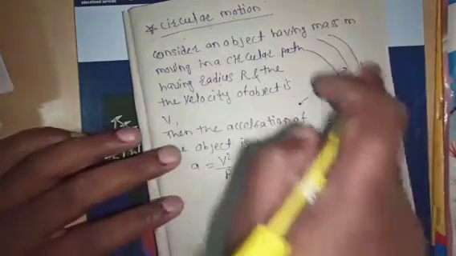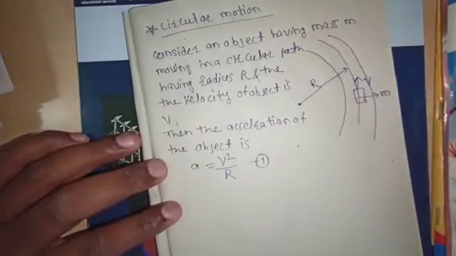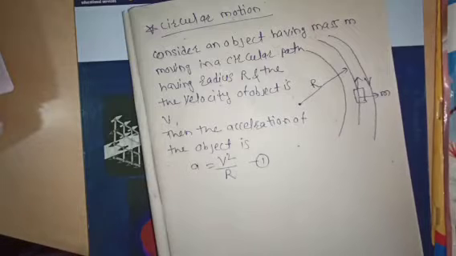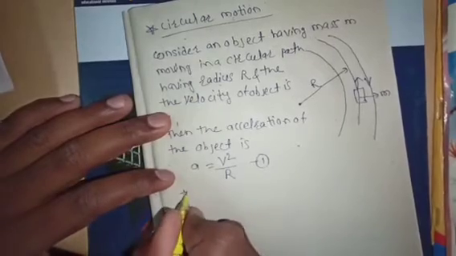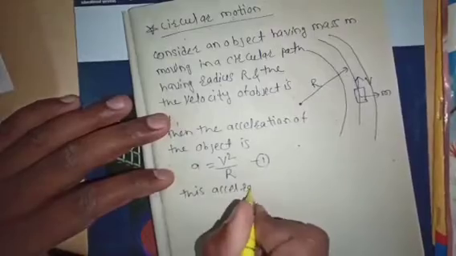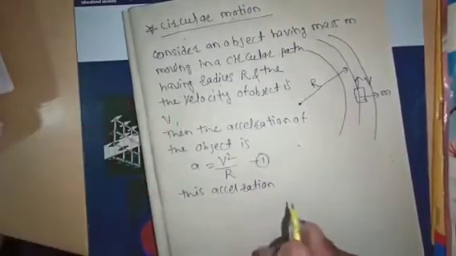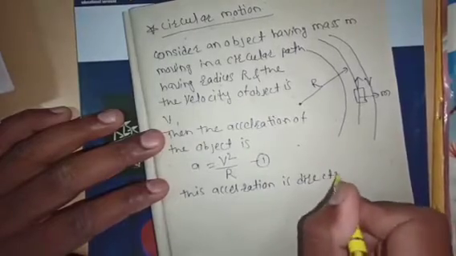This means the object is moving in a circular path with a constant speed, so it is in uniform circular motion. Therefore its acceleration is a equal to v square by r. What is the direction of this acceleration? The acceleration is directed towards the center.